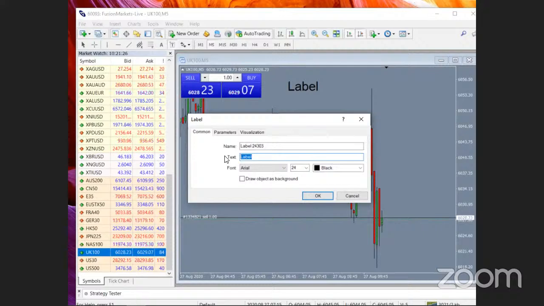So it's a short, it's a sell. So FTSE sell at 60.28 with a stop loss at 60.56.